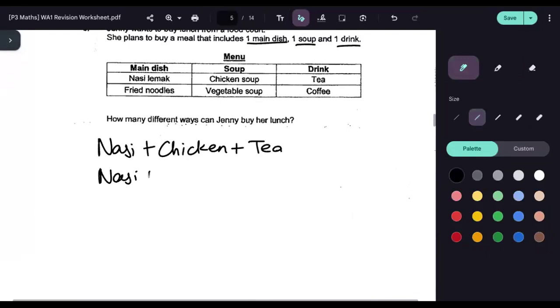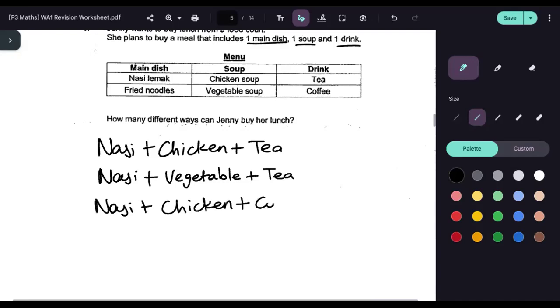Second way is nasi plus vegetable plus tea, or nasi plus chicken plus coffee, nasi plus vegetable, coffee.